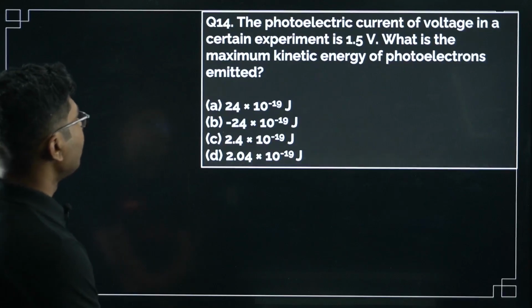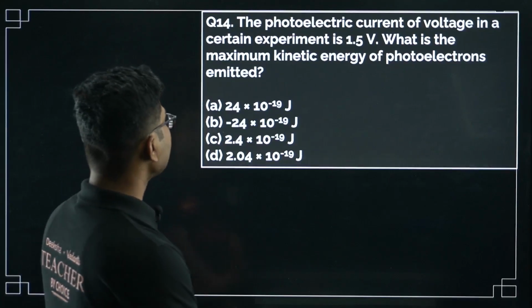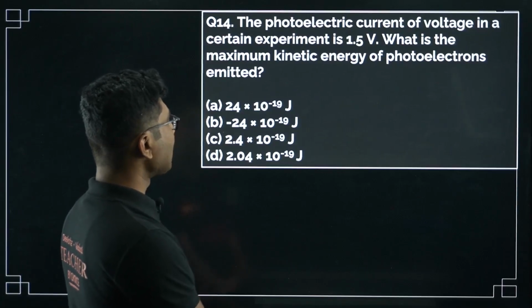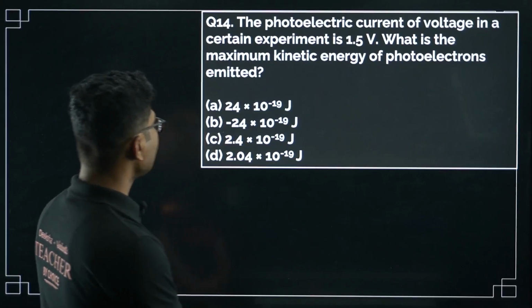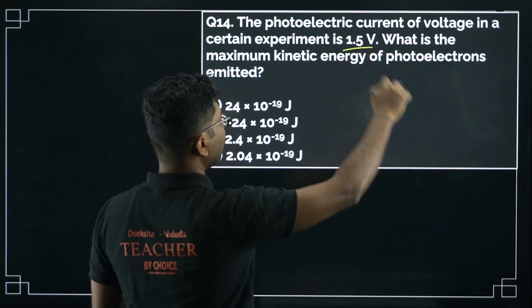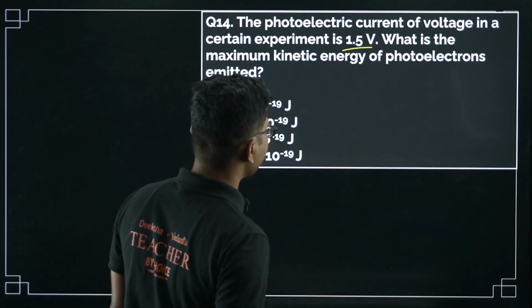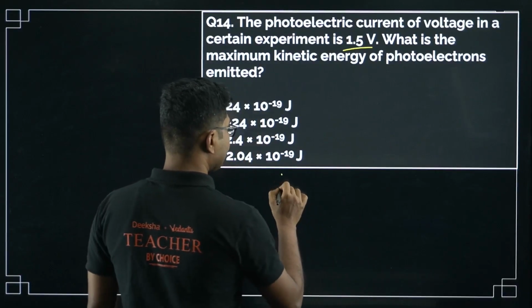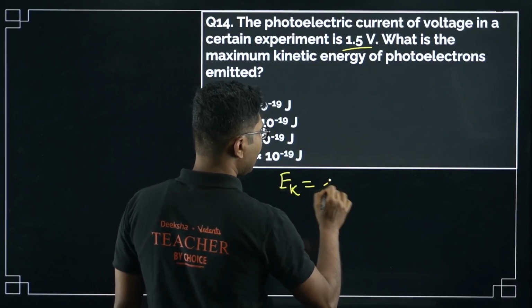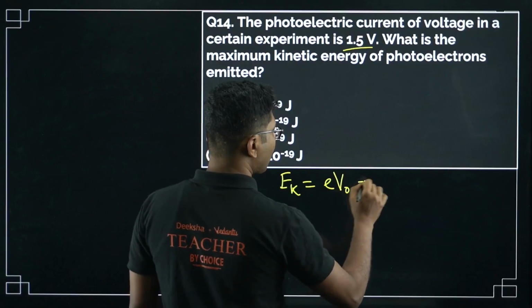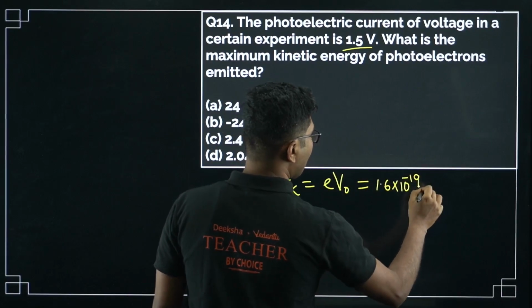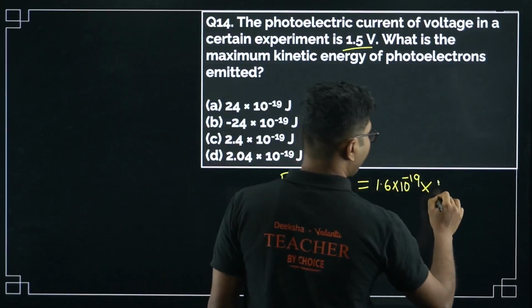Next, the stopping potential in a certain photoelectric experiment is 1.5 volt. What is the maximum kinetic energy of photoelectrons emitted? Stopping potential is given and you have to find the kinetic energy. Maximum kinetic energy is eV naught, where e is 1.6 into 10 to the power of minus 19 and the potential is 1.5.